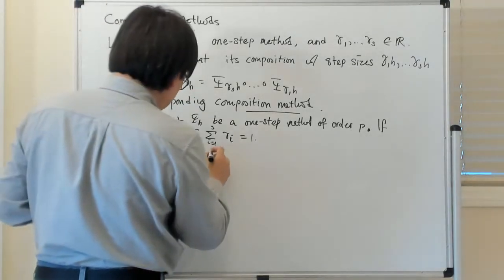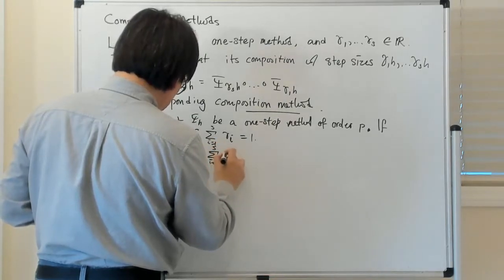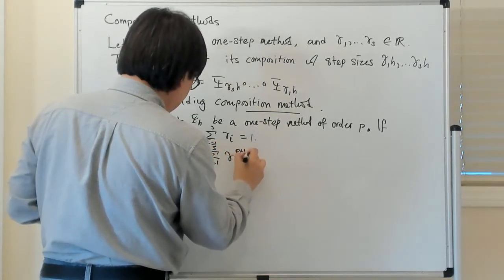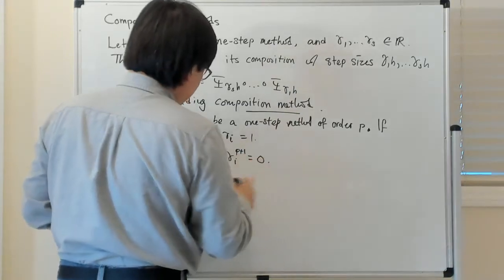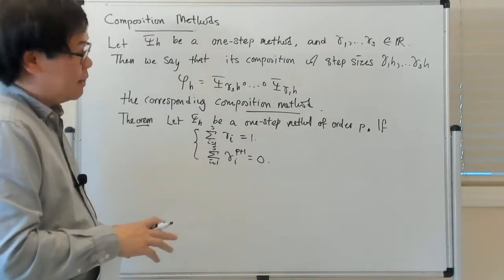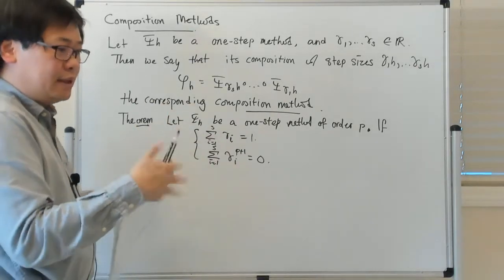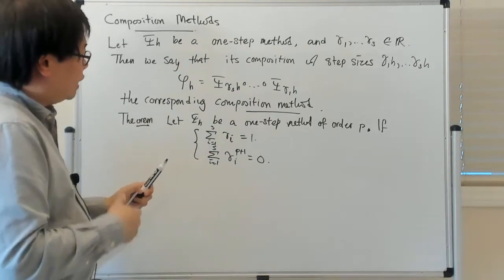And then the other condition is that the sum from i equals 1 to s of gamma i to the p plus 1 is equal to 0. This condition comes from the fact that if you look at the leading order error terms, and then take the composition, you have to multiply these errors together.